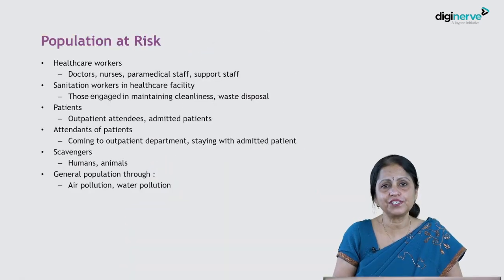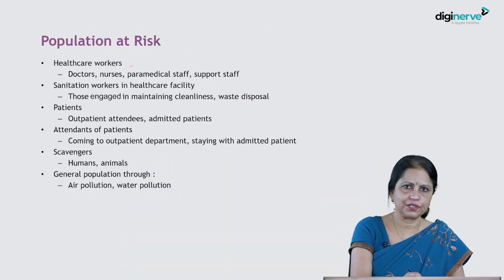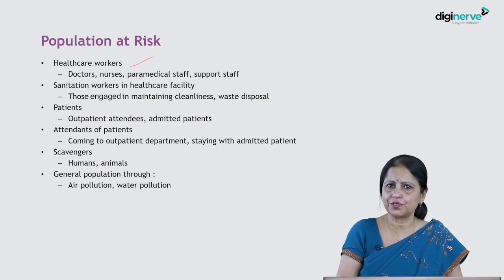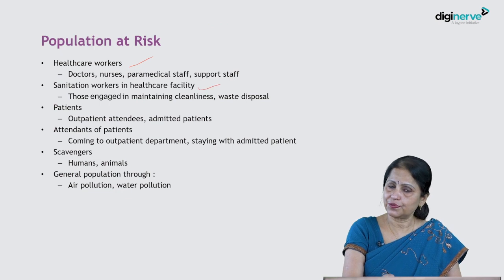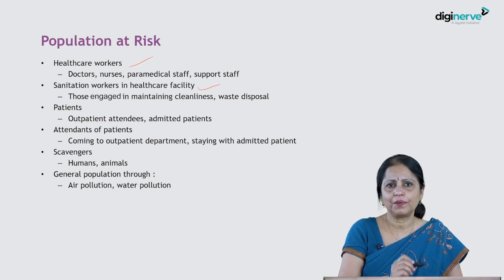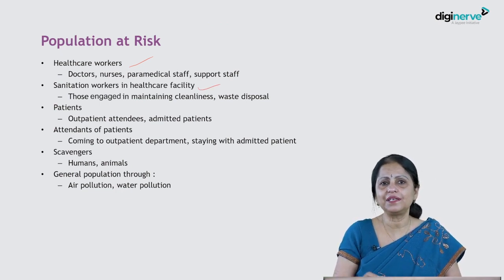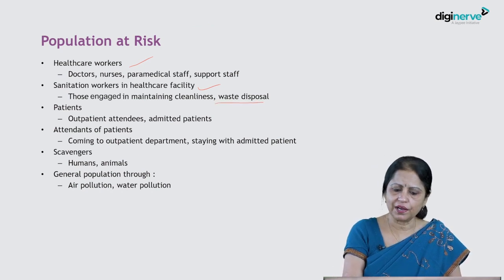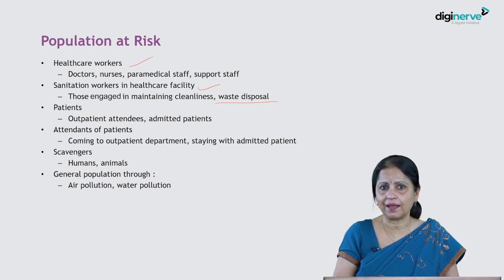So who are the population at risk? The healthcare workers, of course, doctors, nurses, paramedical workers, other support staff. Then sanitation workers, they are also much at risk. Those who are in the cleaning process, maintaining cleanliness of the area. And those who are involved in waste disposal, they are at high risk.